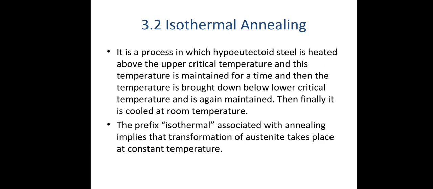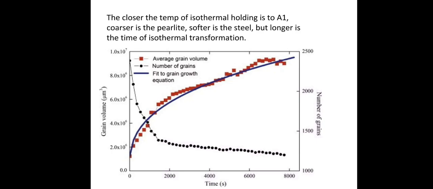The prefix isothermal with annealing implies that transformation of austenite takes place at constant temperature. In this picture we can see the closer the temperature of the isothermal holding is to A1, the coarser is the pearlite, the softer is the steel, but the longer is the time of isothermal transformation.